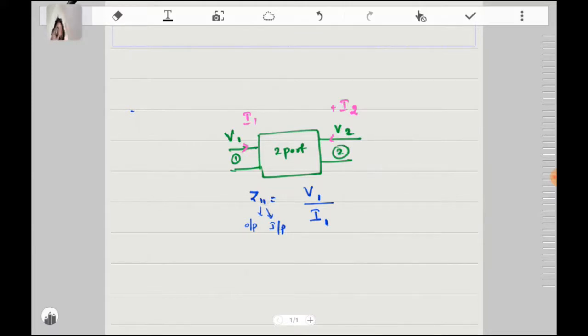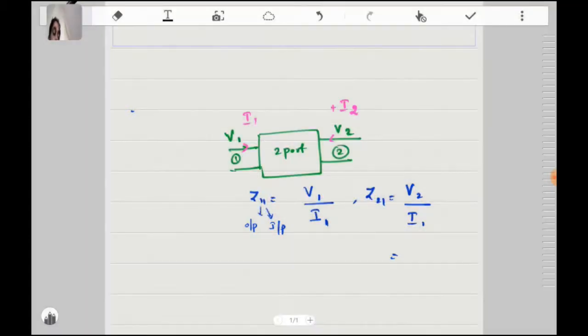In the case of a perfectly matched circuit, whatever impedance you are getting becomes the input impedance. Similarly, if you take Z21, what is the voltage at 2 and what is the current from 1? What is the voltage at 2, what is the current coming from the first port? This is what we call the impedance between 2 and 1.